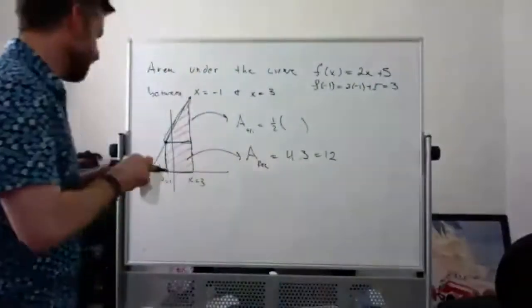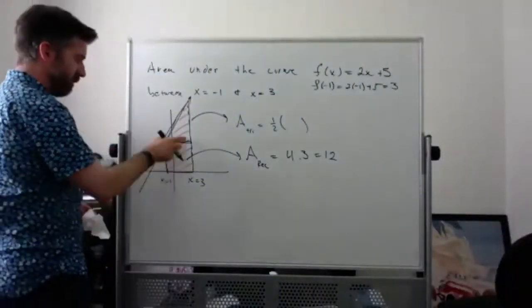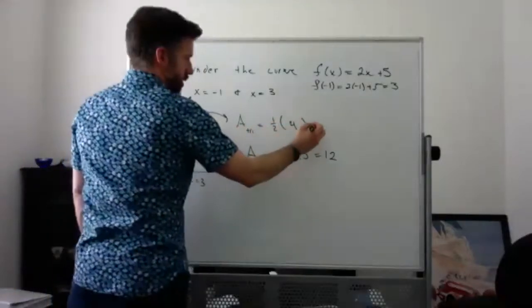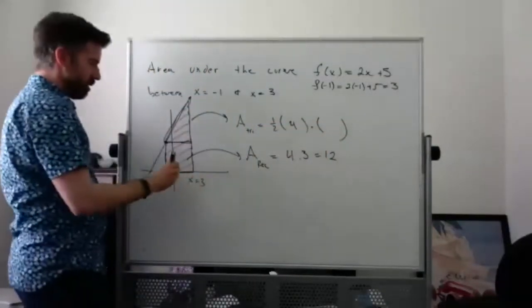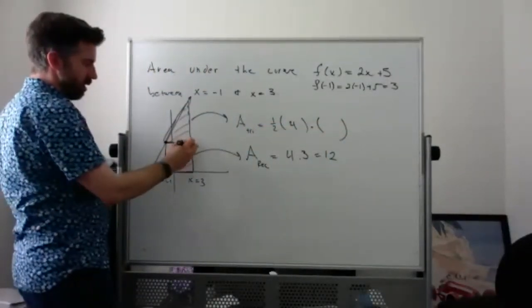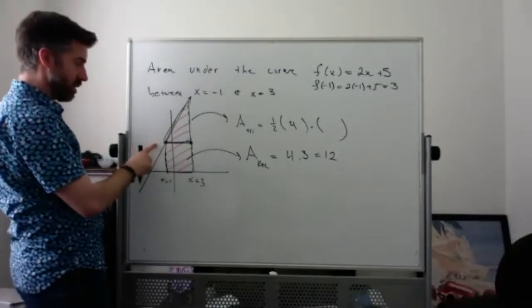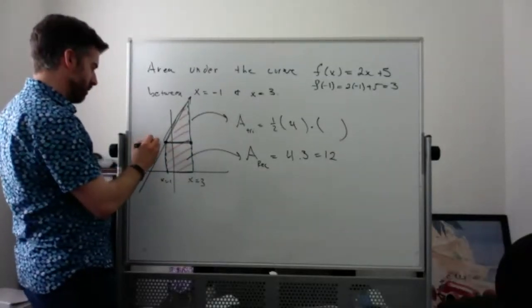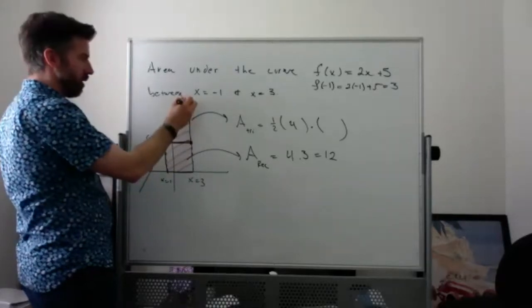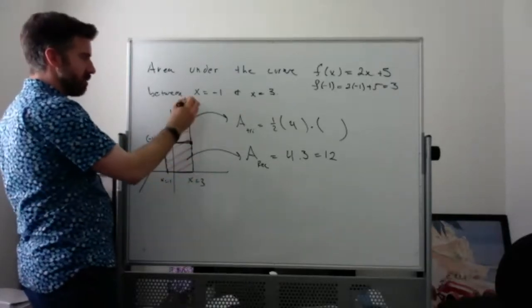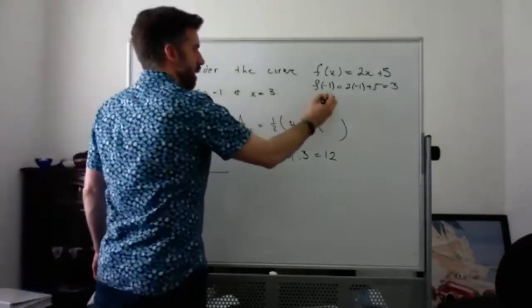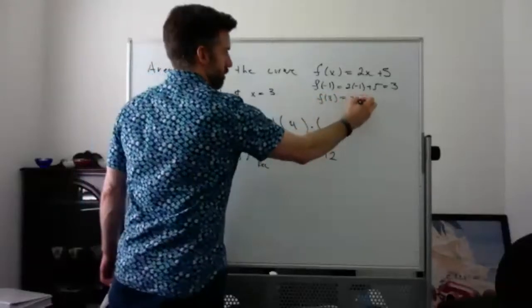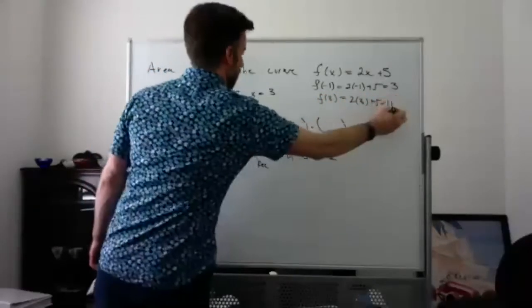The base is the same as it was for the rectangle. It's still 4. And the height is going to be however far it is from here. We know that this height was 3. This is point -1, 3. So whatever the height is here, if I plug in x equal to 3, f of 3 is 2 times 3 plus 5, which is 11.